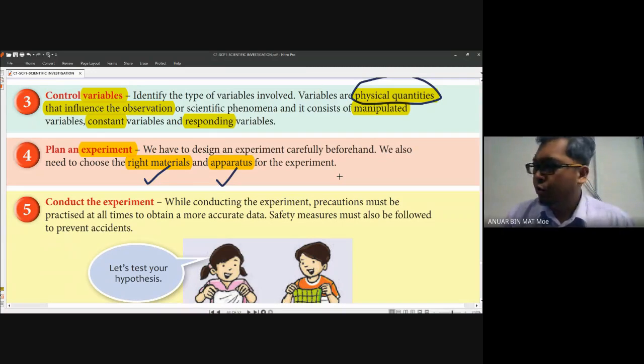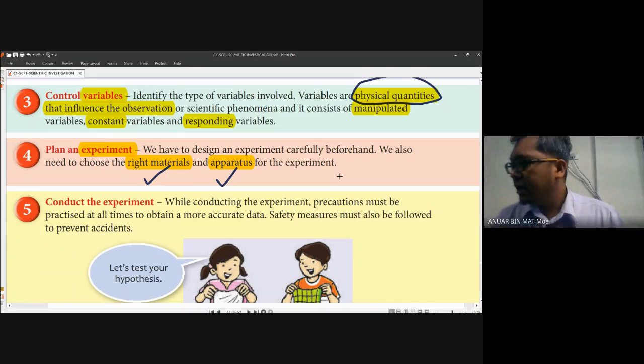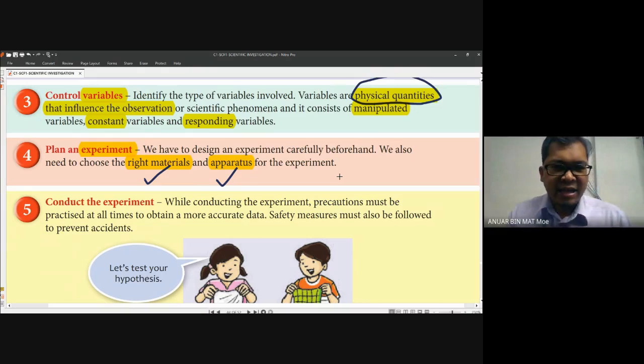Apparatus is the tool. You already learned about the basic apparatus in the lab, topic 1.2, right? For example, the test tube, the measuring cylinder. And then material. What is the example of material?